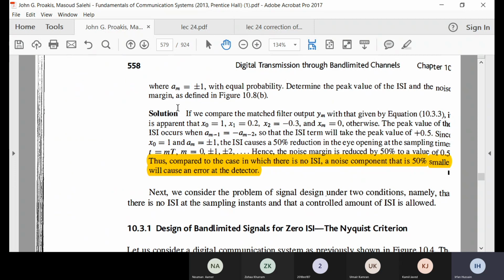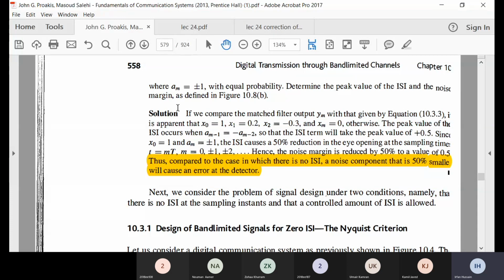And how can we deal with them? How can we remove their effects? And what should be done? There are actually two ways of designing our signal, or we can resolve our problem in two ways.